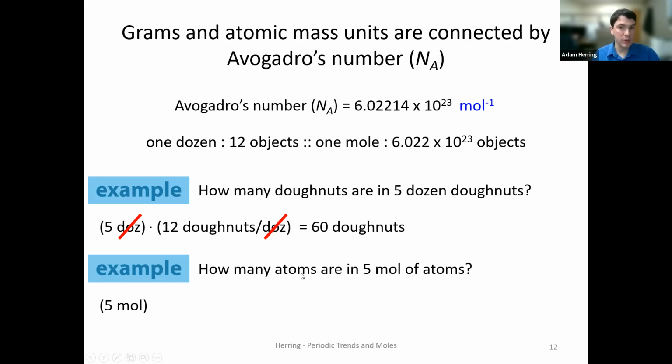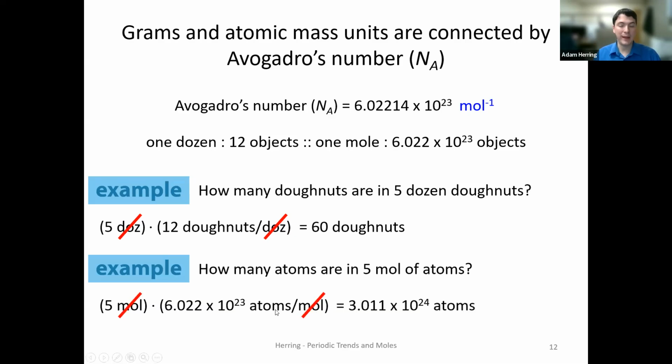And so that's when we use Avogadro's number. Avogadro's number is used to convert between moles of any substance into the actual numerical value of that thing. So if you have 5 moles of atoms, you multiply by Avogadro's number, your moles will cancel. We're left with atoms. And so we have 3.011 times 10 to the 24 atoms.